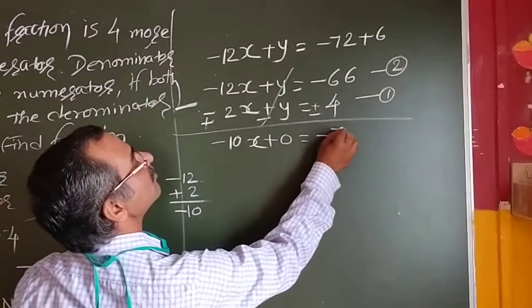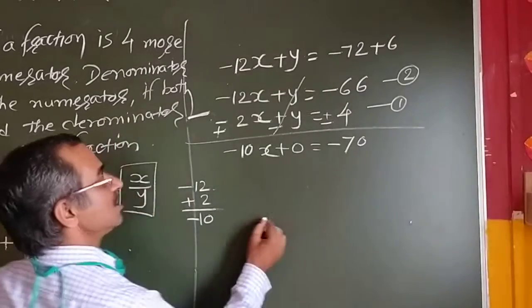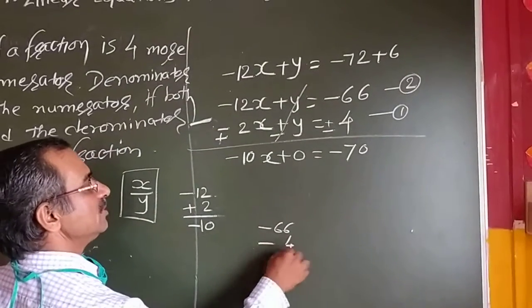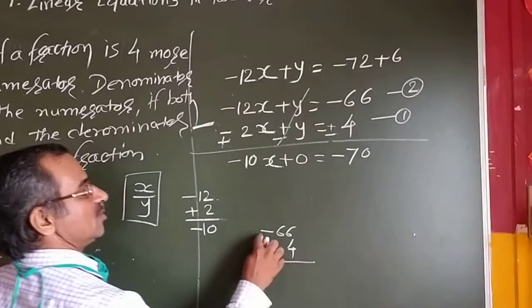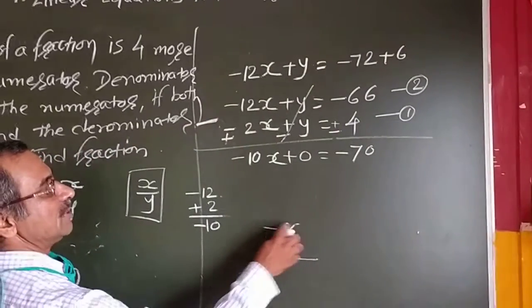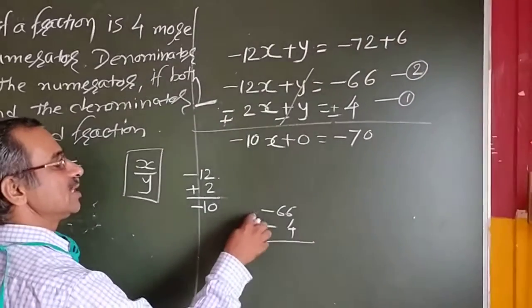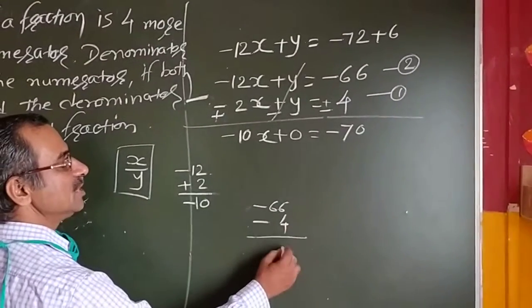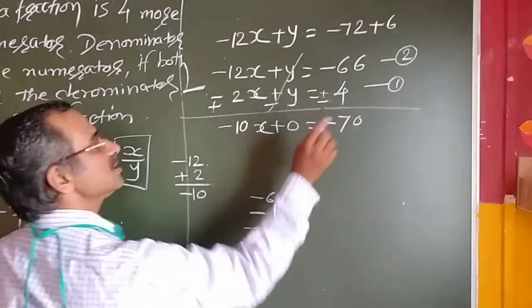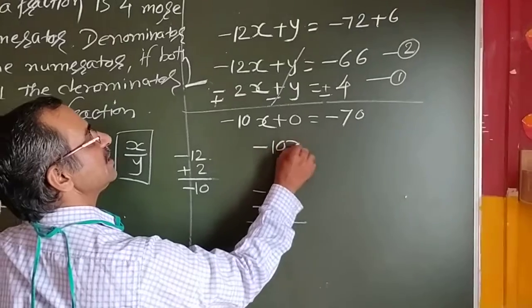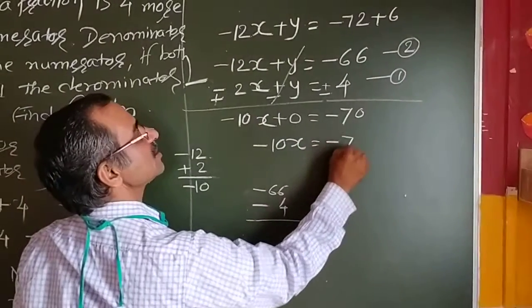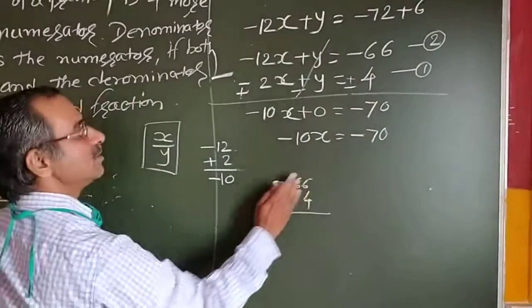How many? Minus 70, because changing the sign, both signs are the same, so both become negative. Negative means addition, 66 plus 4 is 70, the bigger number's sign is minus. Means minus 10x is equal to minus 70. 0 gets added, no change.